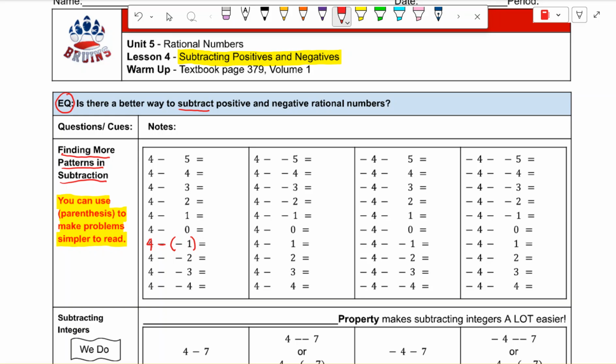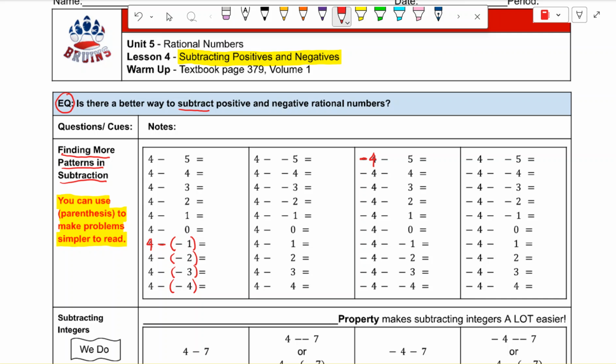Now you don't need to have those parentheses. You'll see in the book that they are there. You'll see in this lesson that they are there. But on finding the patterns, you can add parentheses around the rear negative numbers. If you don't need to, that's just fine. The front ones, let's look down here. See where I went with the red?